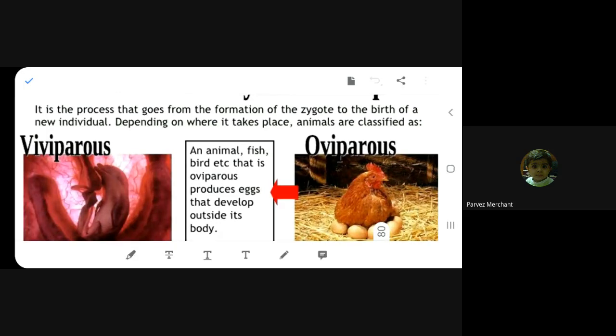In which female reproductive organ does the embryo get embedded or implanted? I repeat, in which female reproductive organ does the embryo get embedded or stuck or implanted? Please listen to me properly.